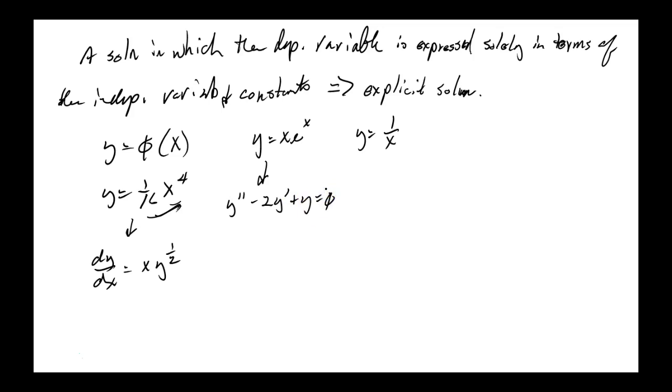I'm pretty sure we did that one last time. And this one we did today, x y prime plus y equals 0. We just did it a few minutes ago. This is a solution for that one. Okay? So those are all expressed explicitly.